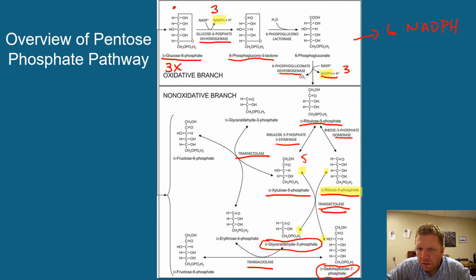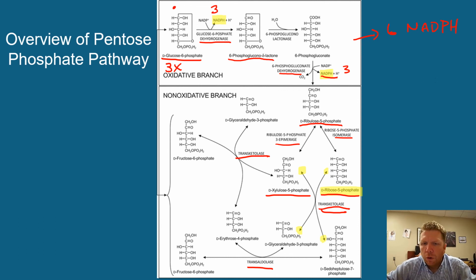So we have 5 carbons, 5 carbons. Then those two are going to be combined more or less to make a 3-carbon molecule and a 7-carbon molecule. Okay. Keeping track of the numbering of the carbons is maybe one of the most important parts of understanding the pentose phosphate pathway.